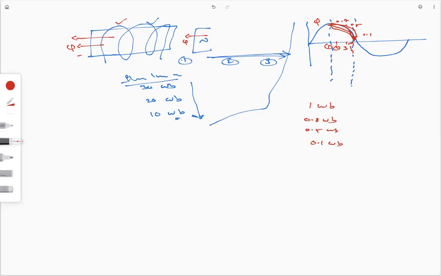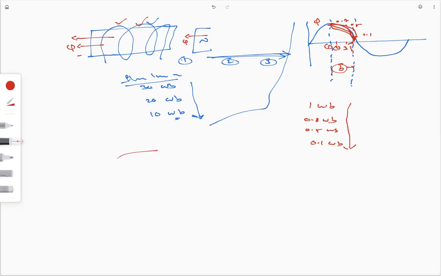Therefore, in section B, what is happening? The flux linking to the coil is decreasing. Therefore, in order to oppose this decrease, what will happen? It will add to the main field flux in order to maintain the same flux linkages to the coil. Clear what I am saying?